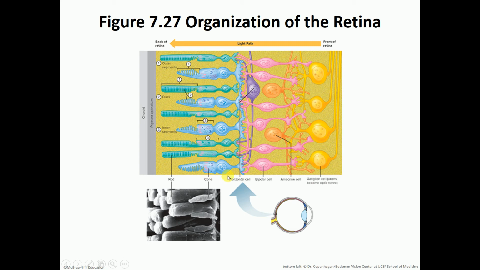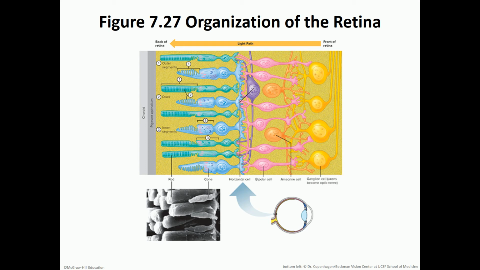That potential will move on to the bipolar cells. Then the bipolar cell will take that graded potential and pass it to the ganglion cell. Now, the ganglion cell is the first of these three cells that we talked about that has voltage-gated ion channels.